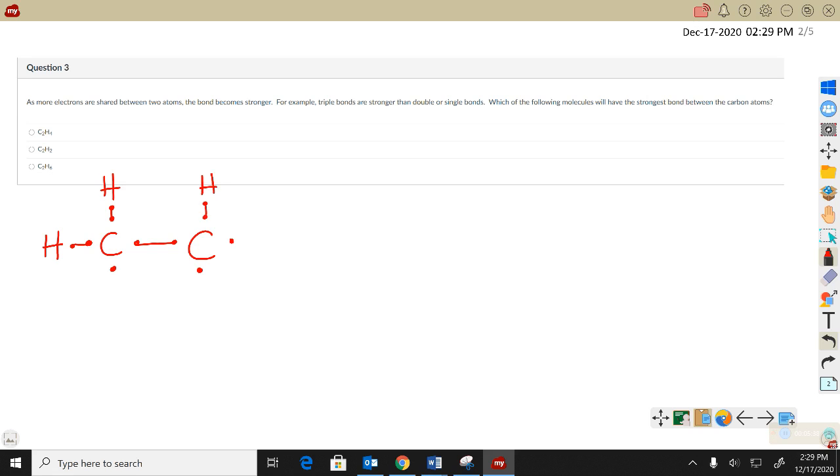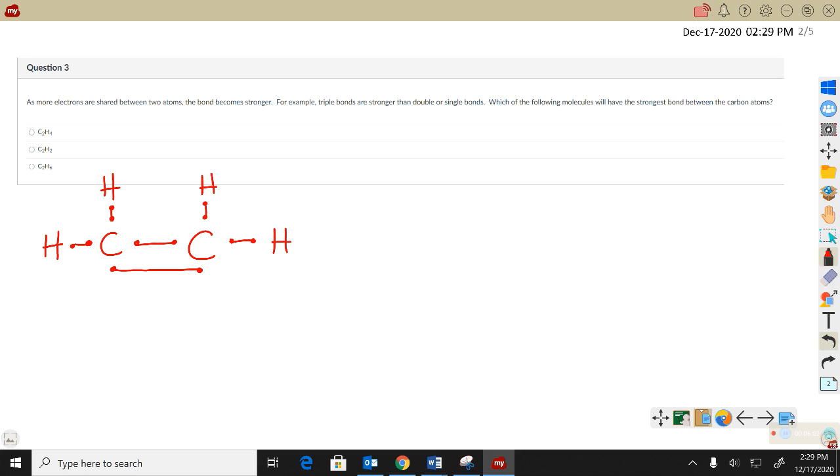There we go, 1 and 2. Now I can see what's left. Each carbon still needs 1 more bond, so we can just link them up twice. So the C2H4 is a double bond, which isn't bad. I mean, it's stronger than a single.